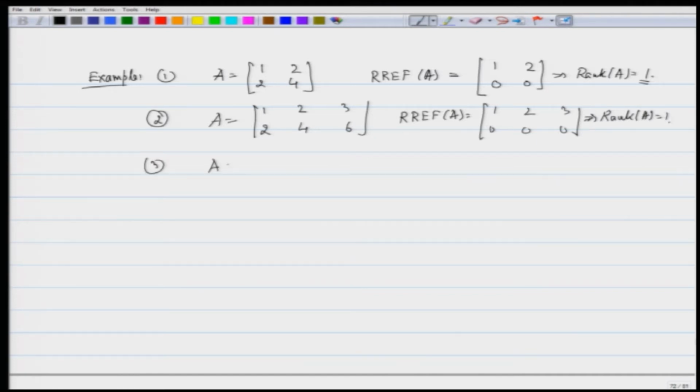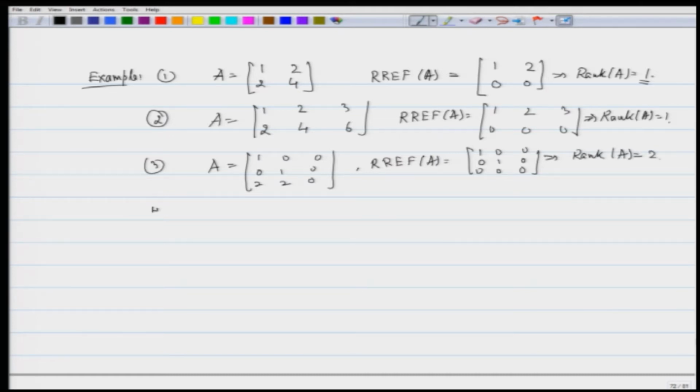If I take A as [1, 0, 0; 0, 1, 0; 2, 2, 0], fine, then the RREF of A is [1, 0, 0; 0, 1, 0; 0, 0, 0], implies rank of A is 2.